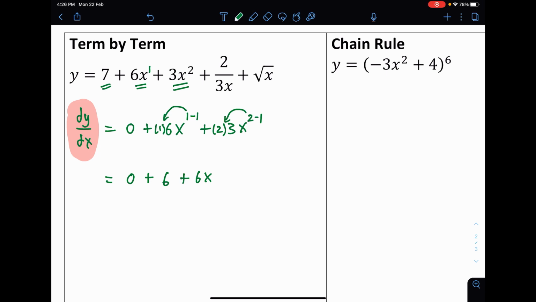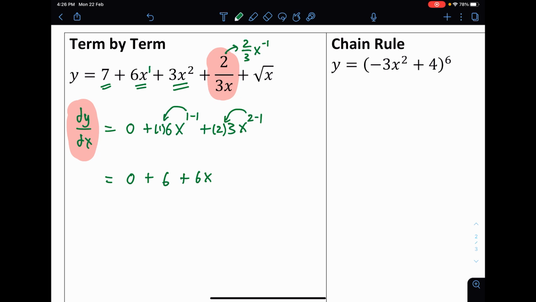Now next is 2 over 3x. Like I mentioned, before we differentiate this, we need to prepare it well. 2 over 3x must be written as 2/3 x power negative 1. I need to bring the x to the numerator, hence I get power of negative 1. Don't need to bring the 3 up. The 3 is just a constant number. Leave it alone.